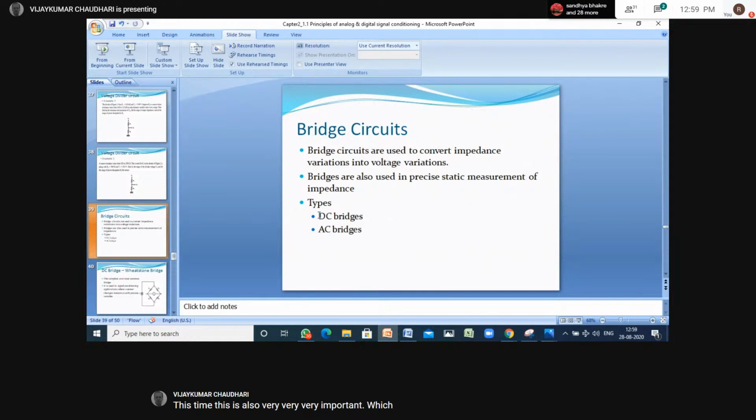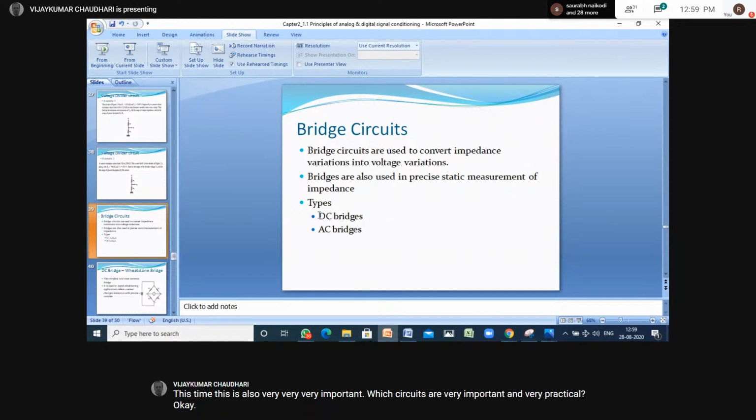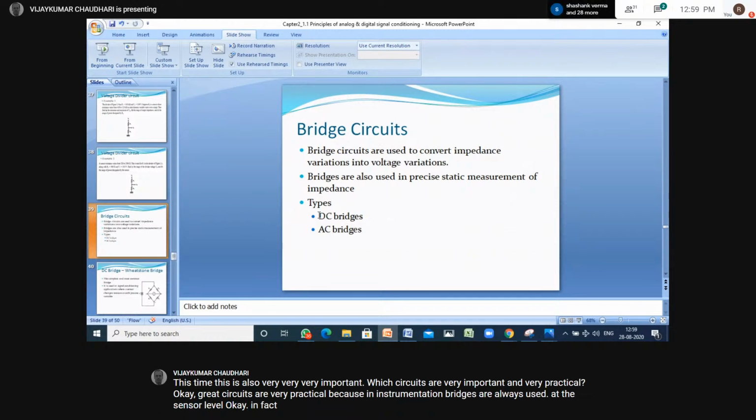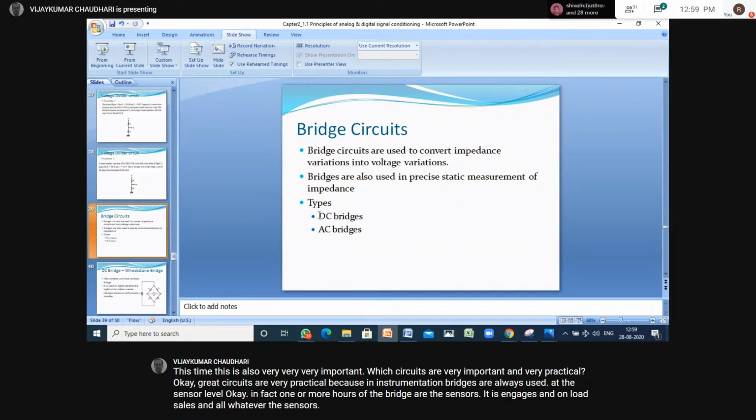You must have seen the weighing machines. Load cells are used there. When we stand on the weighing machine, it puts force that changes the resistance of the load cells, and it gives the output in terms of voltage, and it moves the pointer on the dial and shows the weight, or it can display the weight digitally.